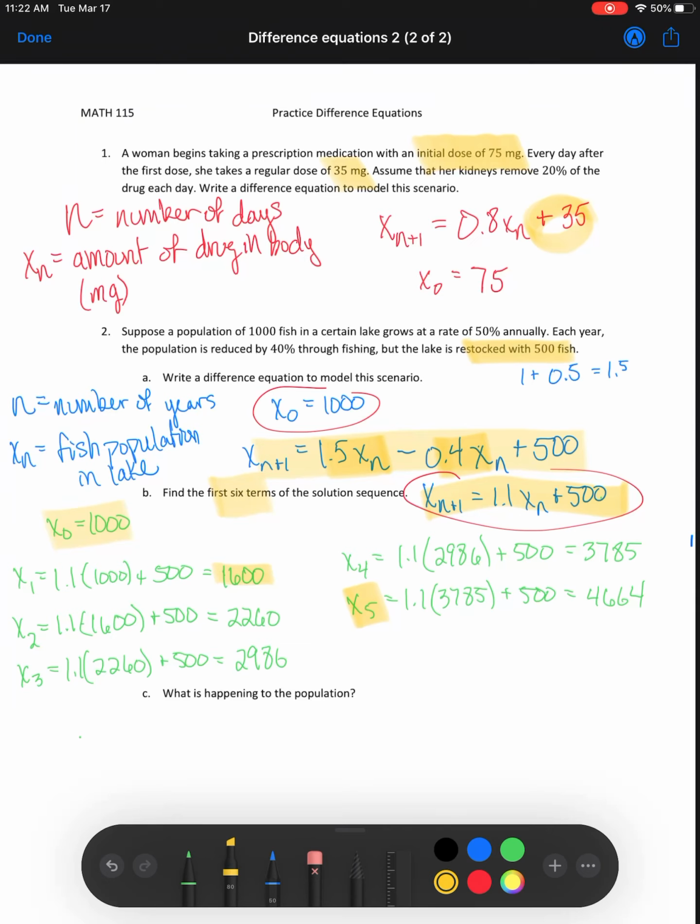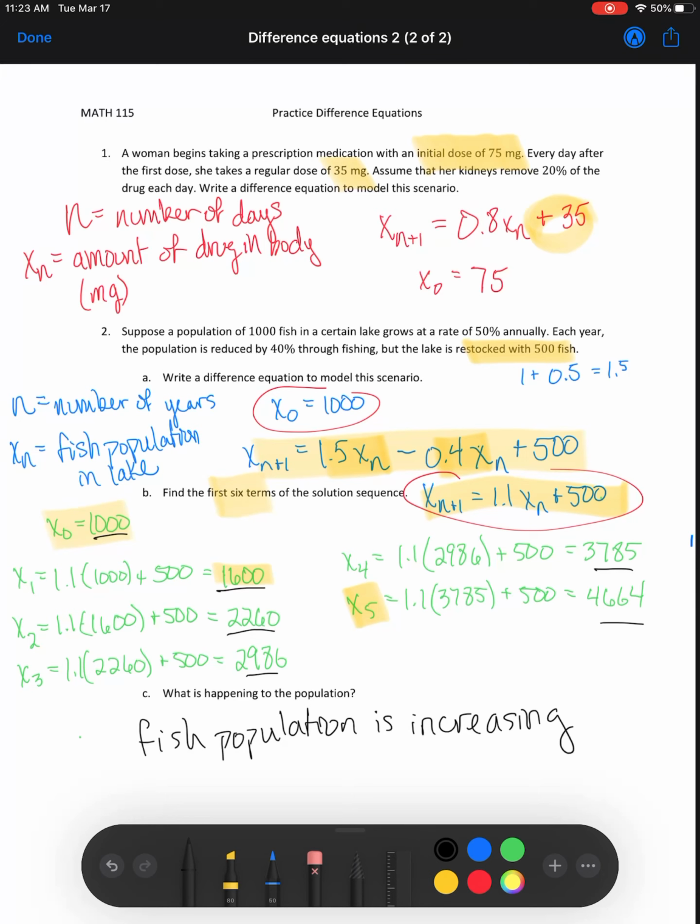All right, so then we can move on to the last part of the question, which says what is happening to the population. If we look at these numbers in our sequence right here, we can see that it's definitely increasing. So we would say the fish population is increasing. And then we can also apply some of the ideas that we learned earlier in the semester. Is it increasing at a linear rate? Is it increasing at an increasing rate, or increasing at a decreasing rate?